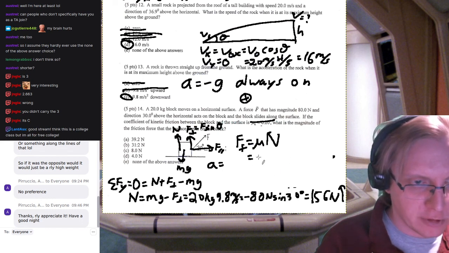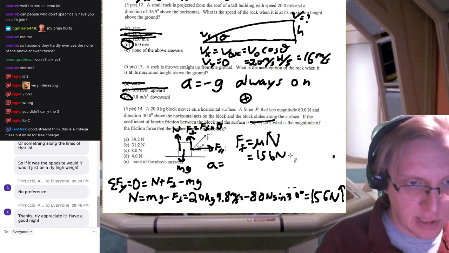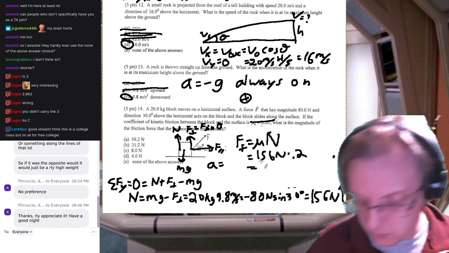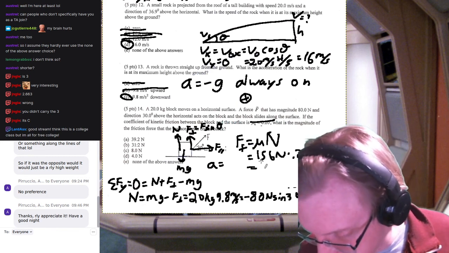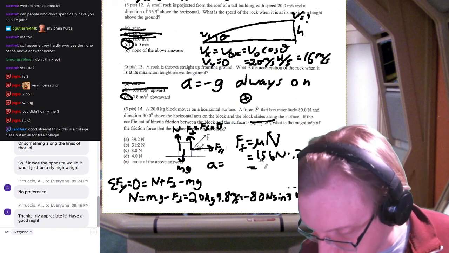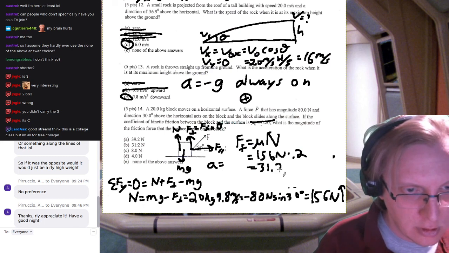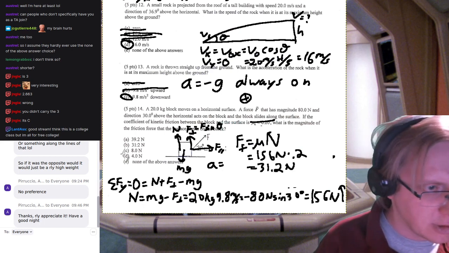I have my force normal, 156 newtons, times my 0.2. 156 times 0.2 is 31.2 newtons. Hot dog, look at that. The answer is present and accounted for.